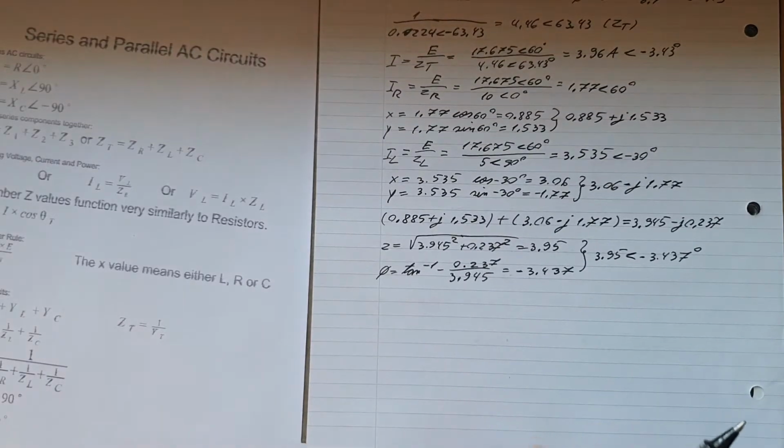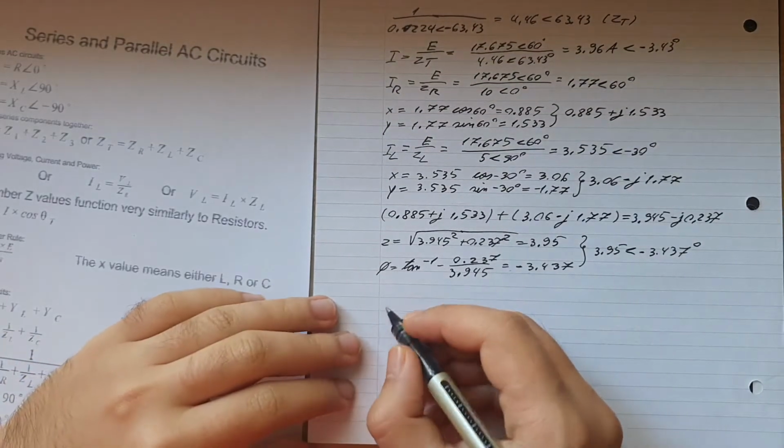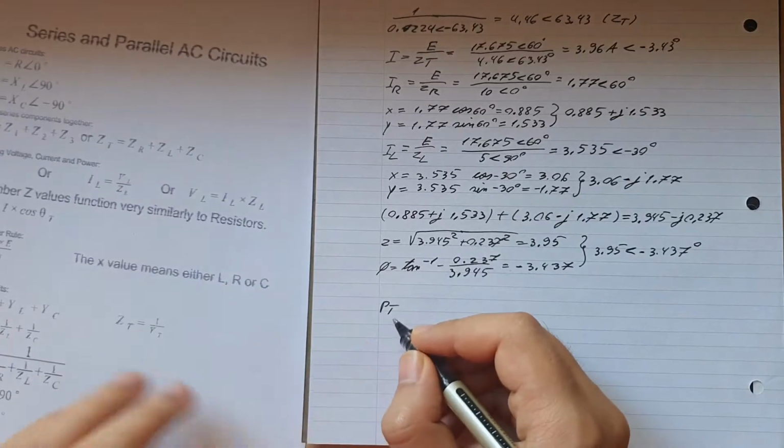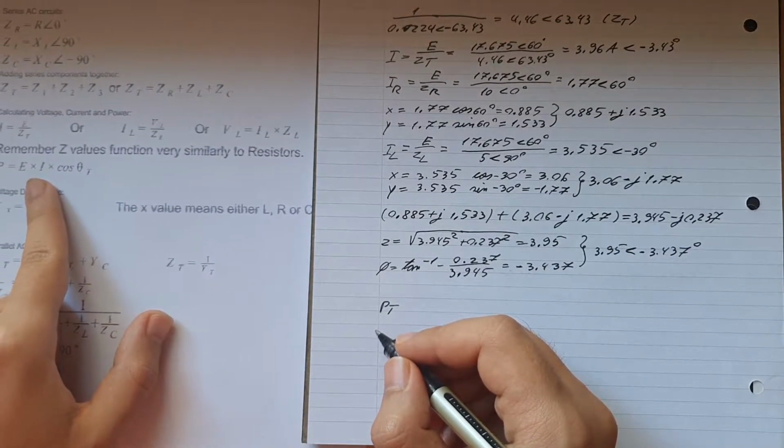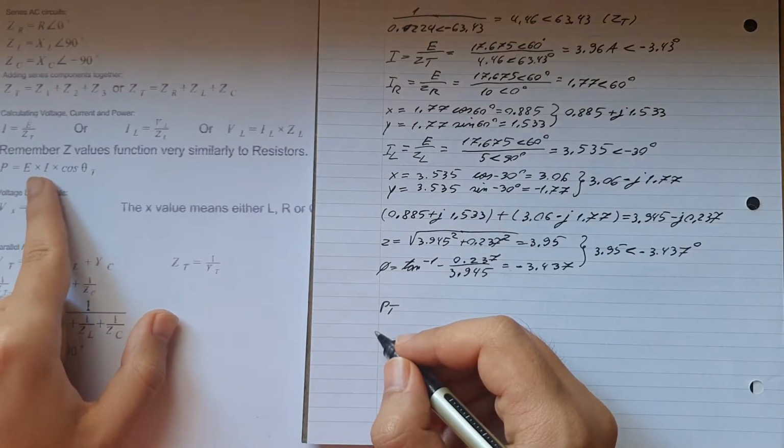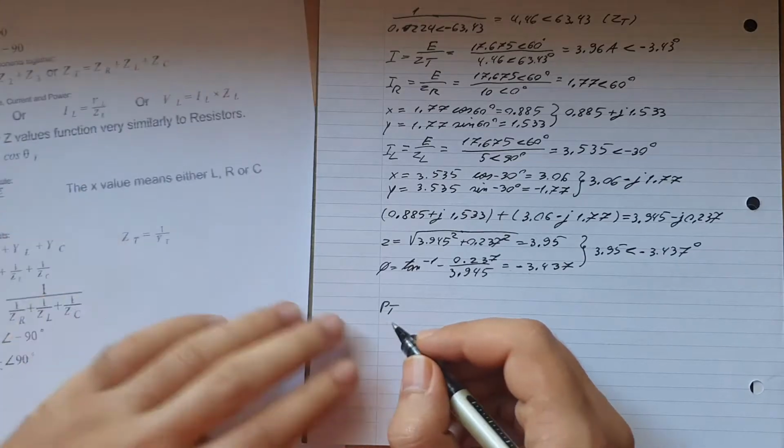Anyway, let's keep going. So now we need to calculate the total power, and the formula for the total power is still the same. It's just the total voltage multiplied by total current multiplied by the cosine of theta.